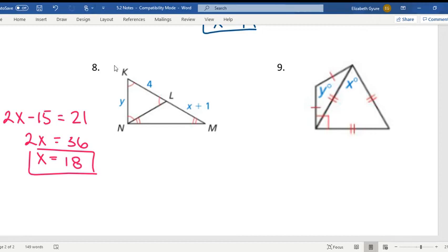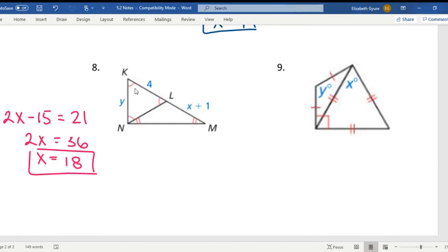In number 8, triangle KNL is equilateral, equiangular, and triangle NLM is isosceles, because see the 2 congruent base angles down here? So when I do a problem like this, I like to start labeling what I know is congruent to each other.